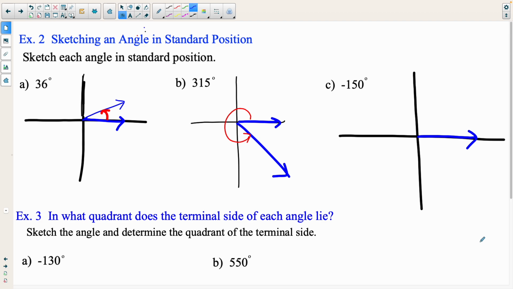So I know 150 is 30 degrees away from 180, right? So if I'm opening the downward direction, I know that I can just make it again a little less than 45, and that should do it. That's fine. Just make sure you have that curved arrow to show it's opening downwards.